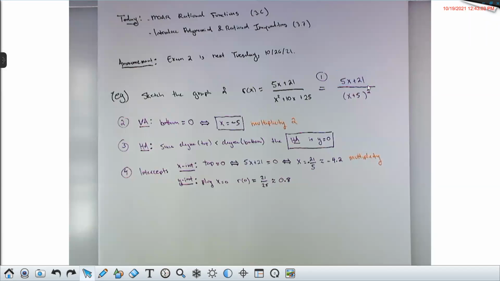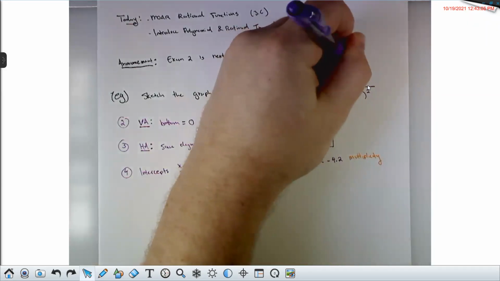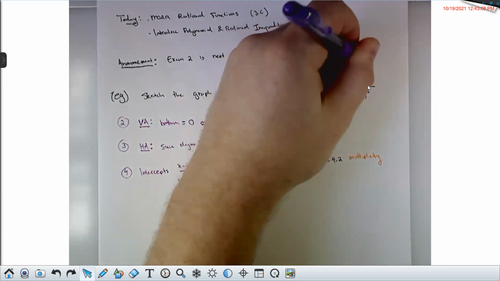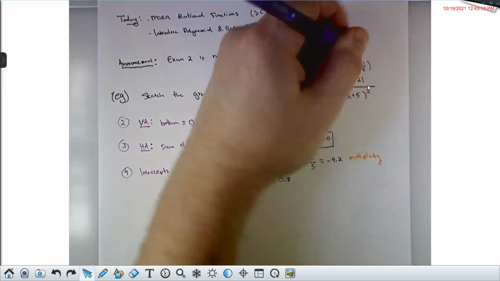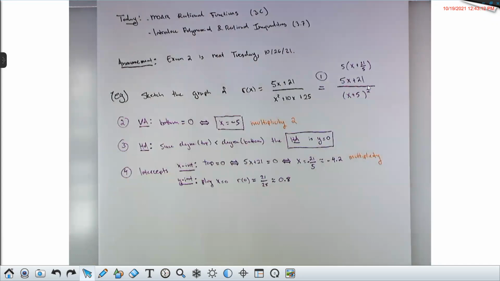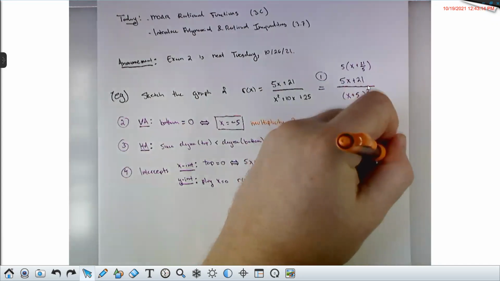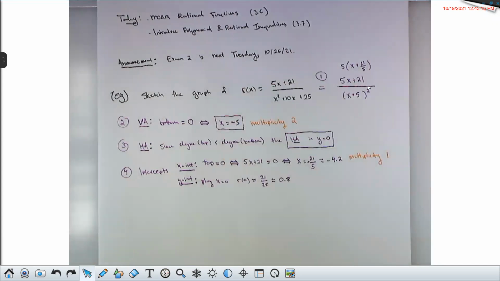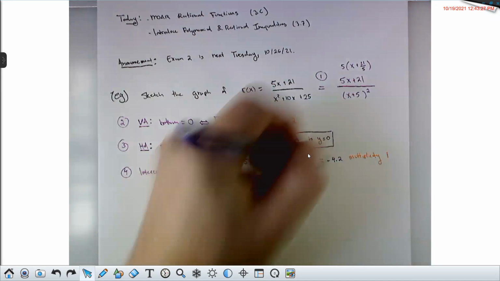We could write that if we wanted as 5 times parentheses x plus 21 fifths, right? So that is a multiplicity 1 factor. Okay. Now that I have all of my asymptotes and intercepts, and I know the multiplicity of the VA and the multiplicity of the x-intercept, I am ready to start drawing my graph.